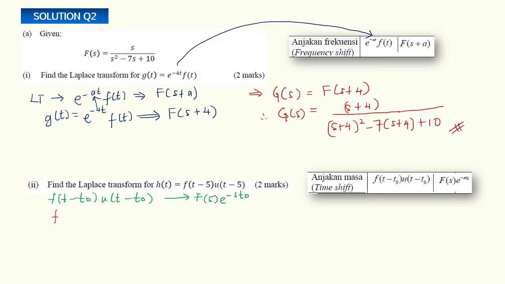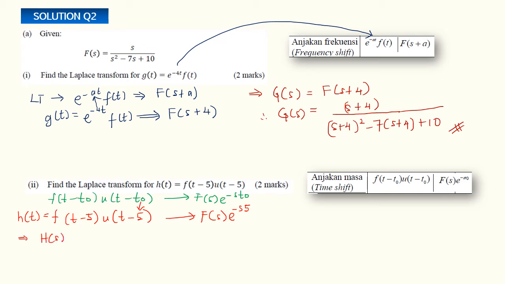Now compare with the equation you have. So this is h(t). h(t) equals f(t minus 5) u(t minus 5), in which you know that your t0 is equal to positive 5. Therefore, the Laplace transform of h(t) is H(s).